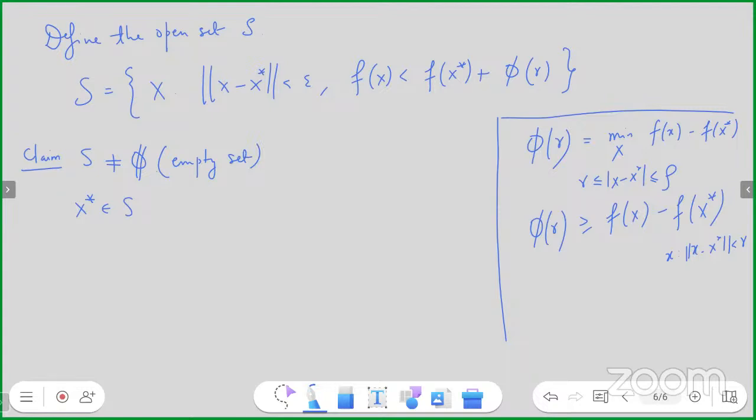So first try to establish that x star satisfies that condition. And then we can pass it all to the continuity of f, so that there are many points around it for which it will also be true. So why does x star satisfy that?